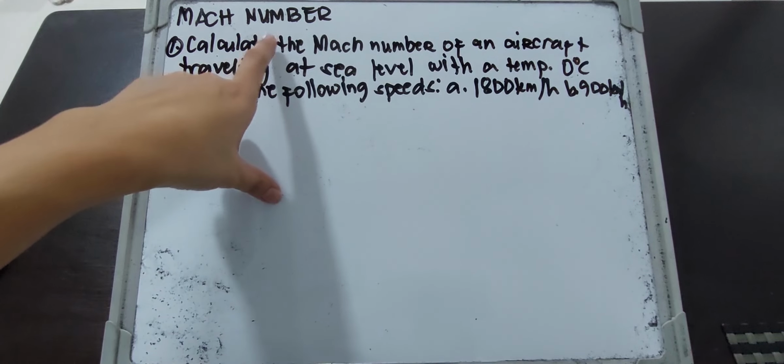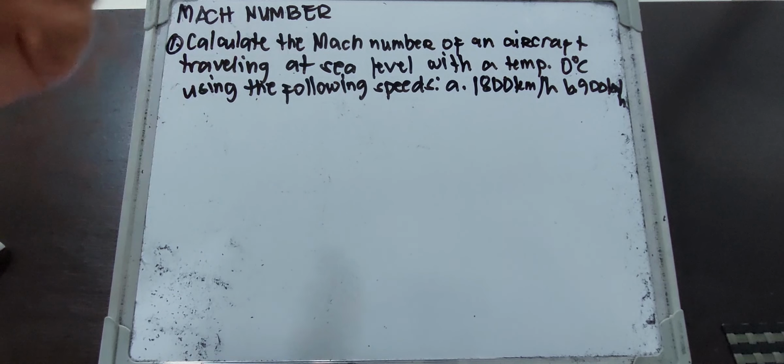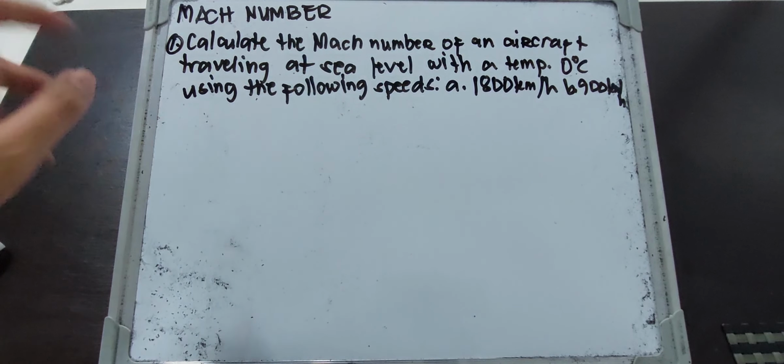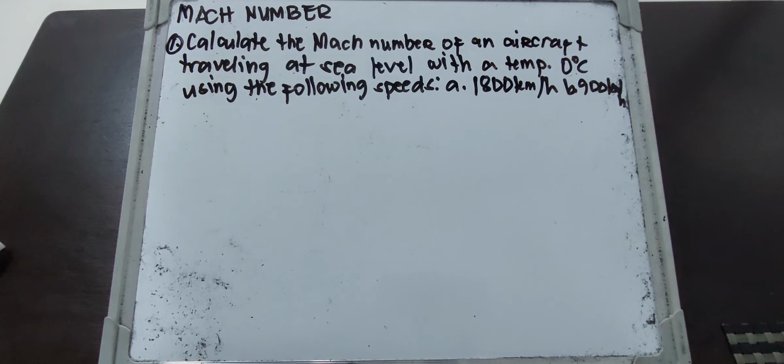But now we have an object, which is an aircraft, because this Mach number is used to determine the speed of an object that is faster than the speed of sound. So we have here: calculate the Mach number of an aircraft traveling at sea level with a temperature of 0 degrees Celsius using the following speeds: 1,800 kilometers per hour and 900 kilometers per hour.